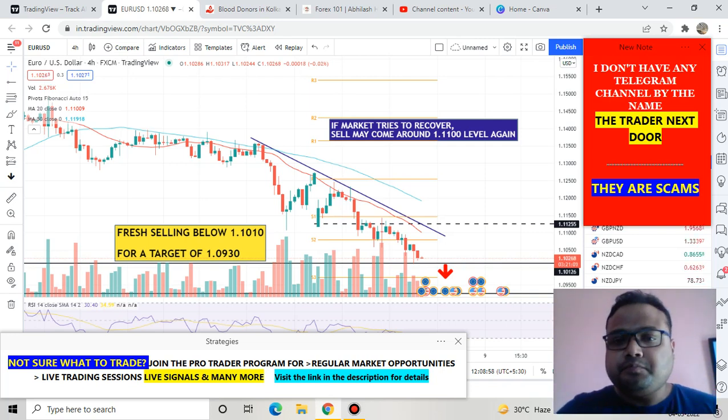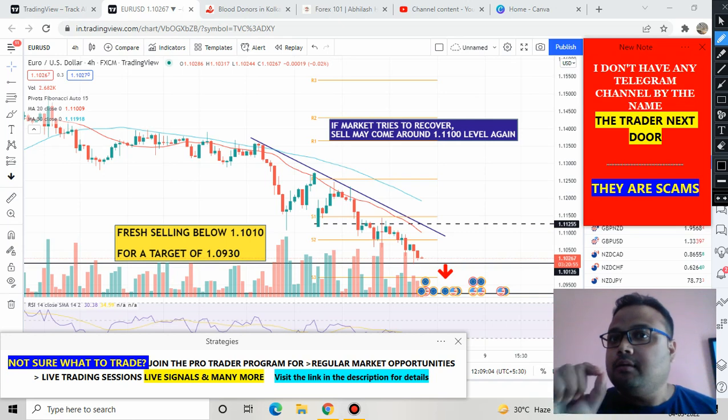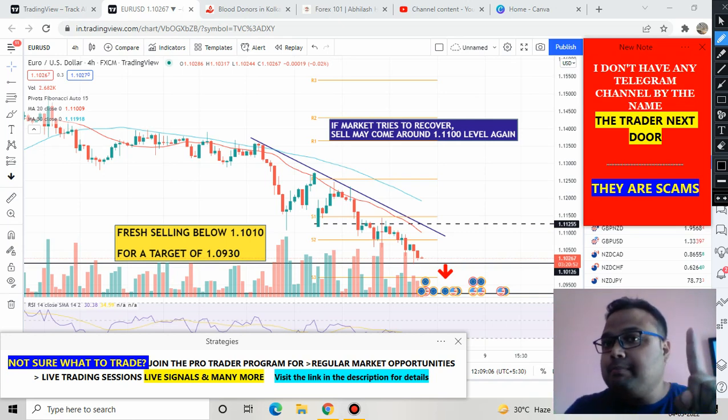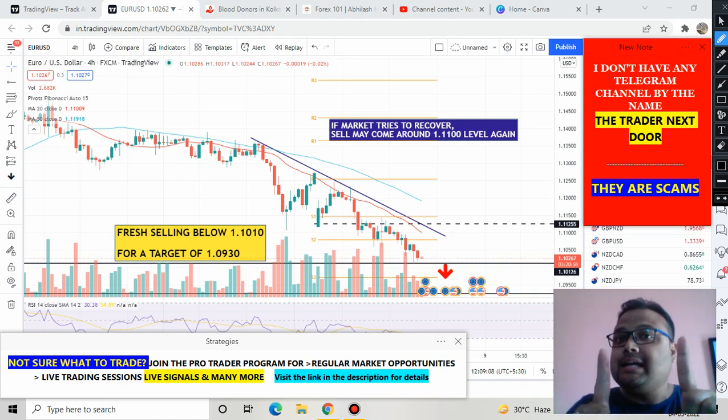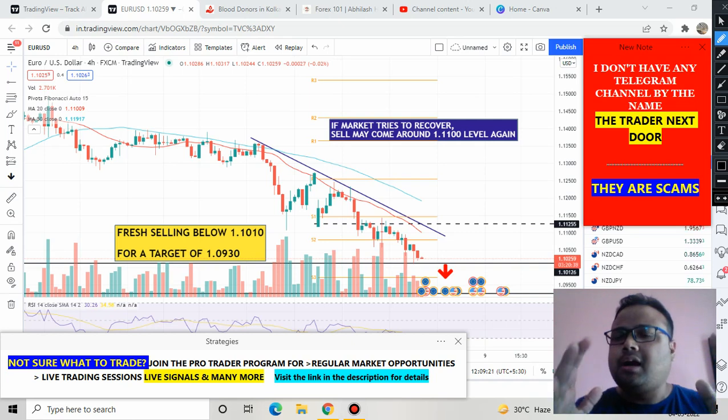If you're thinking that it should be reversing from here, keep in mind whenever there's a battle between fundamentals and technicals, fundamentals always win. So as a result, do not assume from your side that market should be reversing from here. No, my dear friend, do not make the mistake with your hard-earned money.